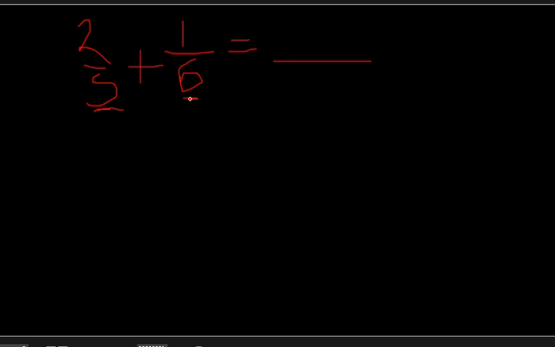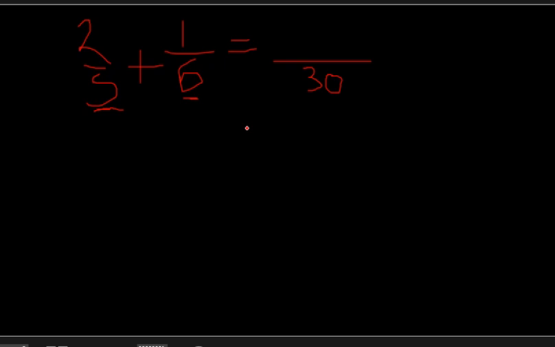You look for the lowest number which is divisible by both 5 and 6 without leaving a remainder. What is that number? It's 30. So how many times does 5 go into 30? We find that 5 goes into 30 6 times.